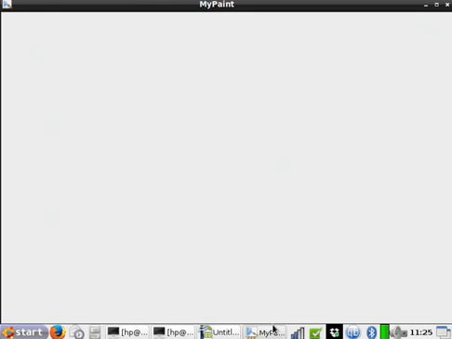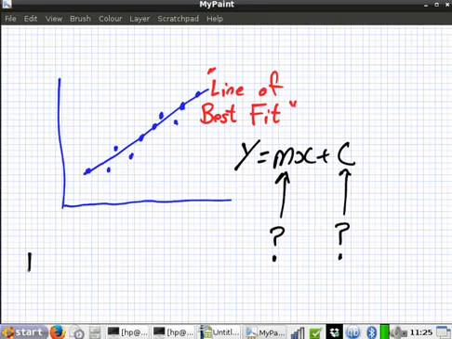Okay, so if I just go back to my rough little sketch here, what do we have for the m? Well, it's roughly about 1.97, isn't it? Did you get that now? Yes. Good. Okay. Next we need the c.